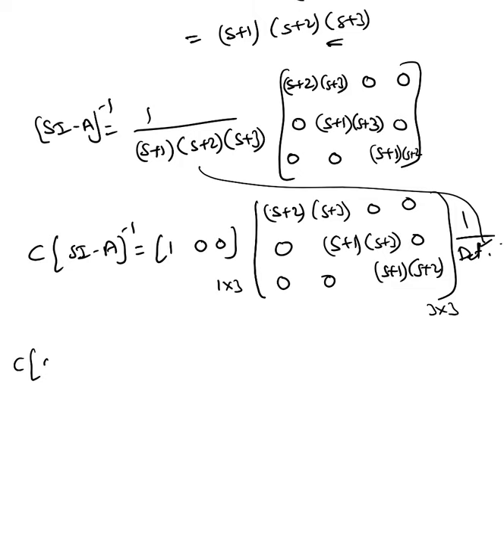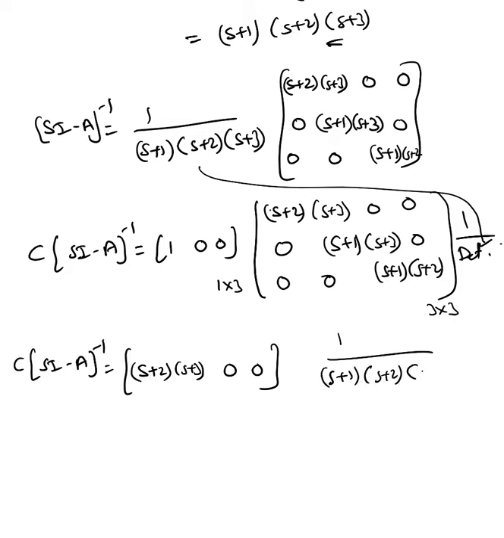So C times (sI minus A) inverse equals s plus 2 times s plus 3. That's the first term. Second term 0, third term 0, all over s plus 1, s plus 2, s plus 3.